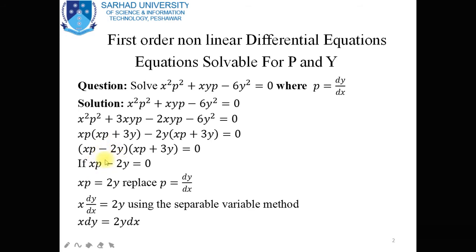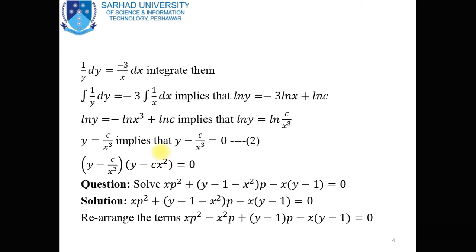When we obtain two factors, there will be two solutions: one solution for the first factor and the other solution for the second factor, and the overall solution of the given differential equation will be the product of both solutions of these two factors, like you see over here.